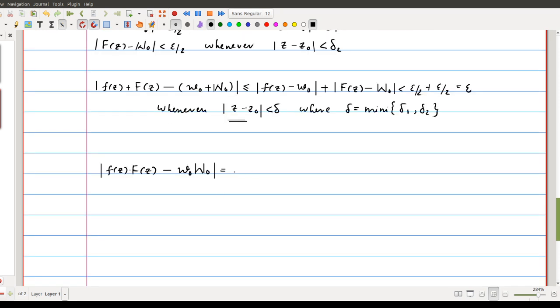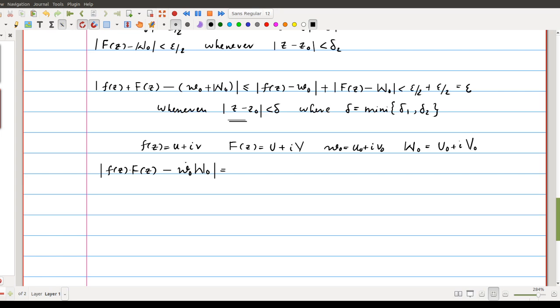For this we write small f(z) equal to u plus iv and capital F(z) equal to capital U plus i capital V. Suppose omega naught, which is the limit of small f(z), is small u naught plus i v naught, and w naught, the limit of capital F(z), is capital U naught plus i capital V naught.